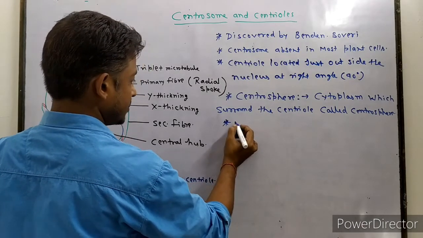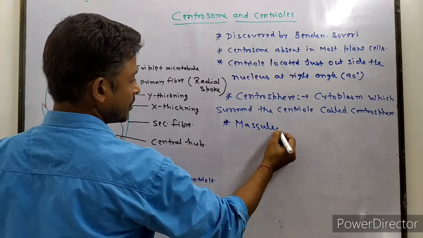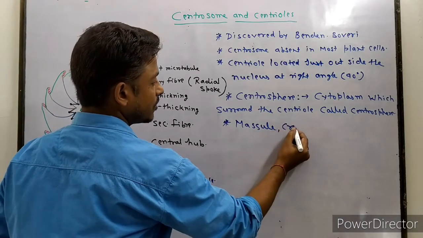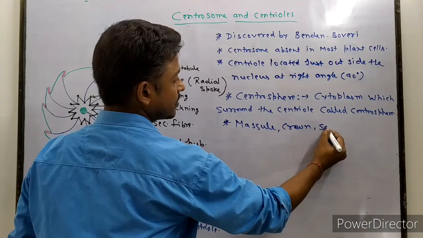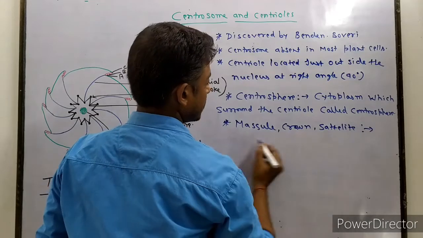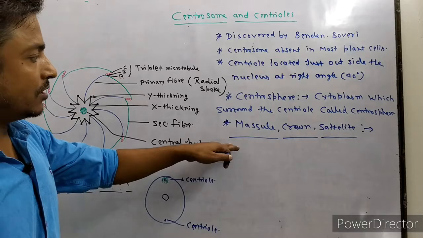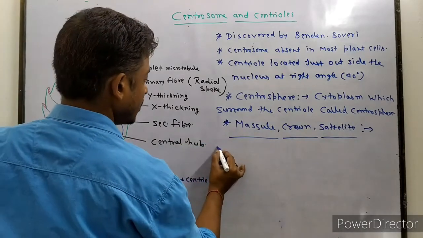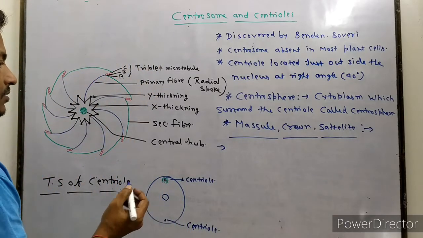What is macule? It is also called crown or satellite. So what do macule, crown and satellite mean?